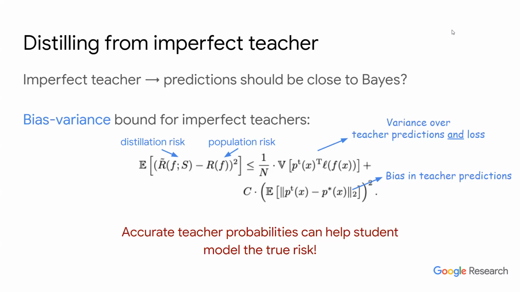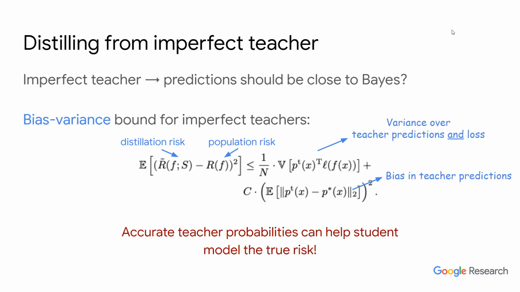Okay. This also tells you that none of these terms is defined by the accuracy, right? There's nothing for the accuracy. This is the log loss of the teacher, right? How the teacher is doing, how much variance we are getting, and how accurately we estimate the label distribution, not the accuracy.